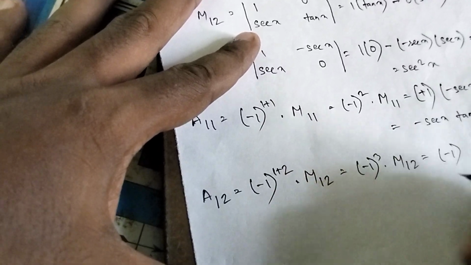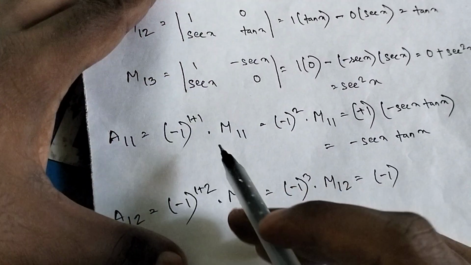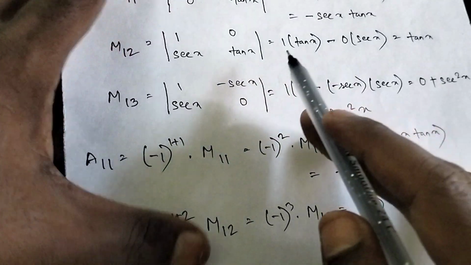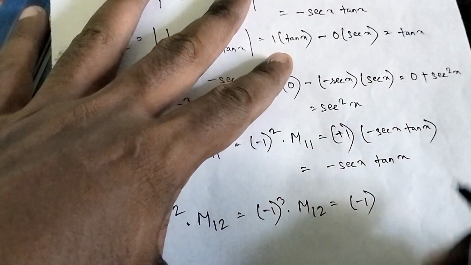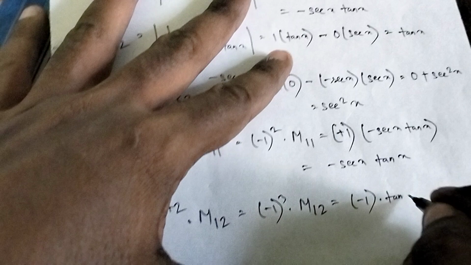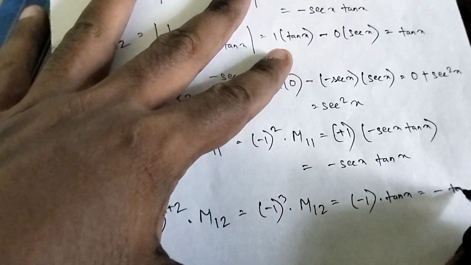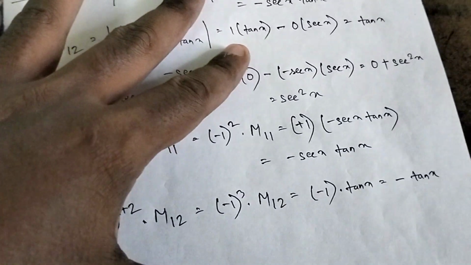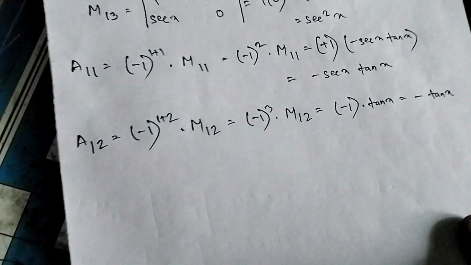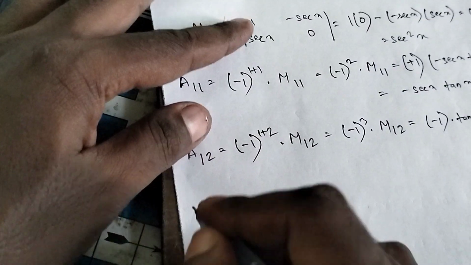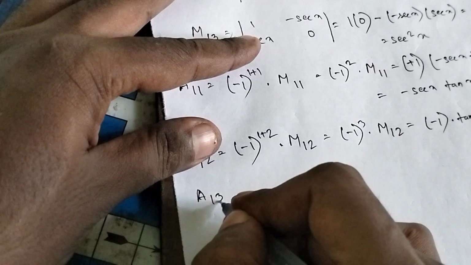Minors of row 1 column 2 was tan x, so into tan x, it will become minus tan x. Okay, clear?